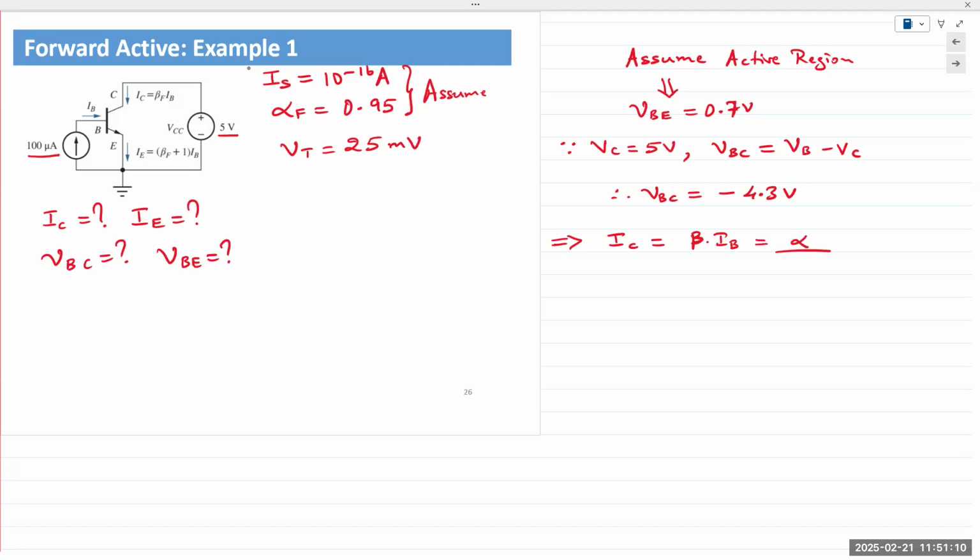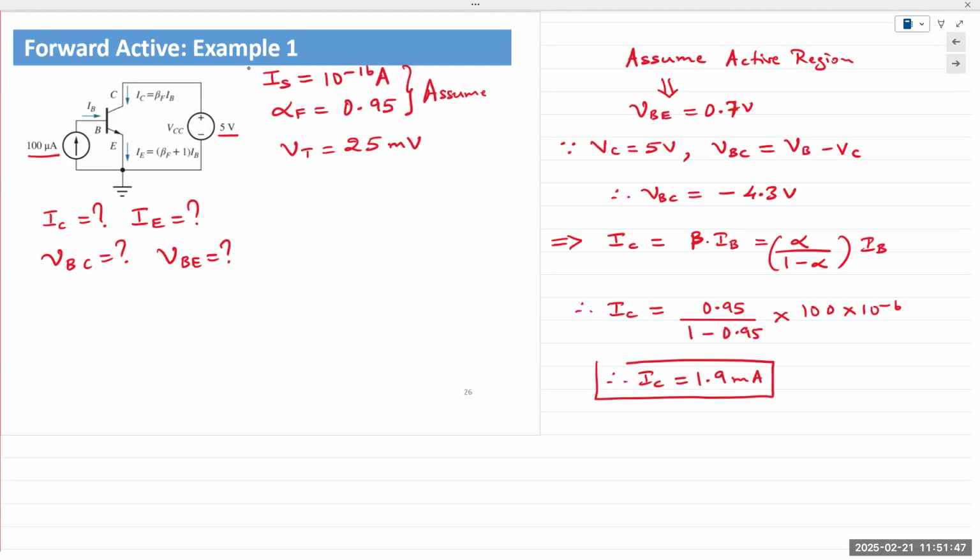And this would be alpha over 1 minus alpha times IB. Plug in the values and solve for IC. Alpha is 0.95, 1 minus 0.95, and IB would be 100 microamps. And therefore, IC is 1.9 milliamps.